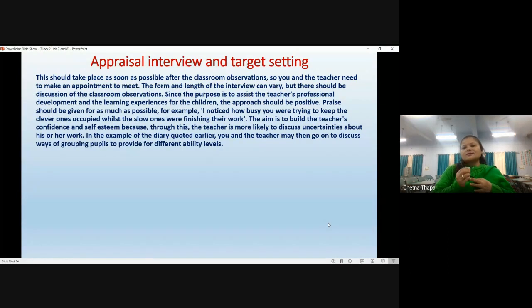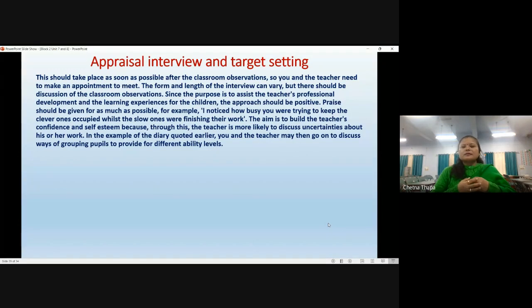So this gives a positive remark to the teacher. Then this helps in building the confidence and self-esteem, because the teacher is now ready to discuss about the uncertainties, about the shortcomings, about the problems of his or her work.